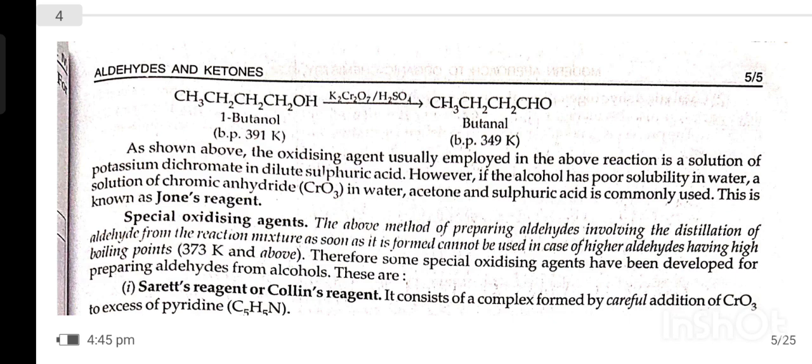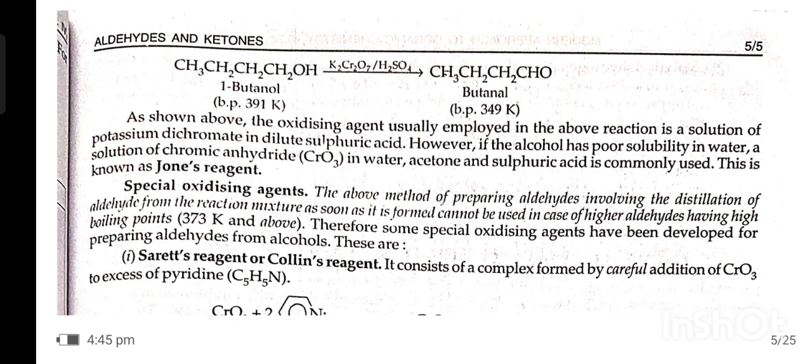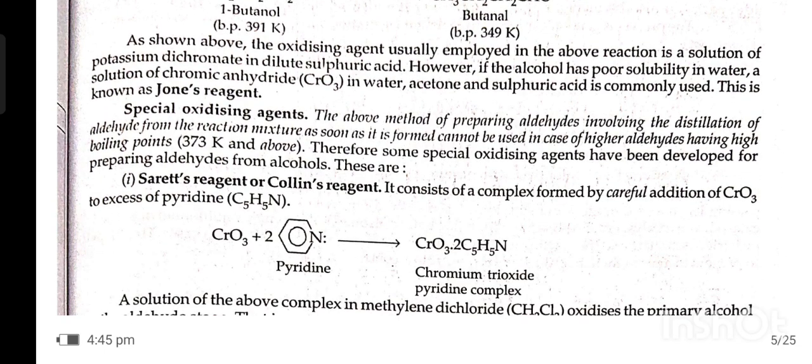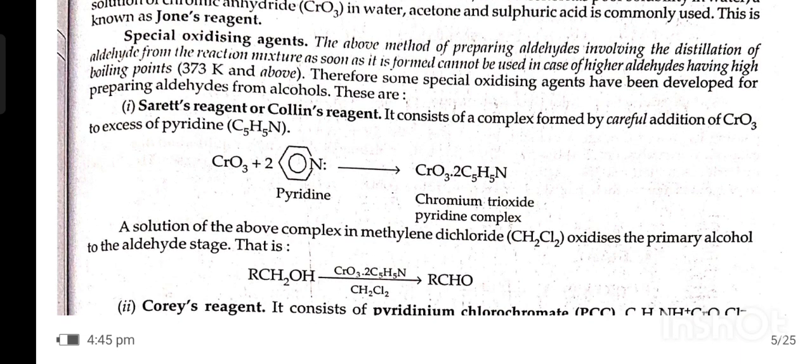These are, first, Sarrett reagent or Collins reagent. It consists of a complex formed by careful addition of CrO3 to excess pyridine. It gives the chromium trioxide-pyridine complex. A solution of the above complex in methylene dichloride oxidizes the primary alcohol to the aldehyde stage, that is, primary alcohol changes into aldehyde in the presence of the chromium trioxide-pyridine complex.